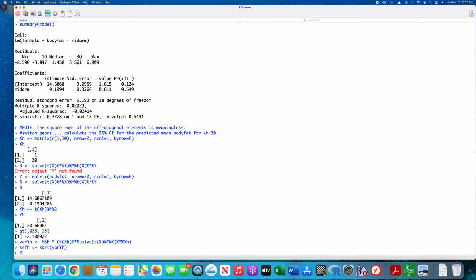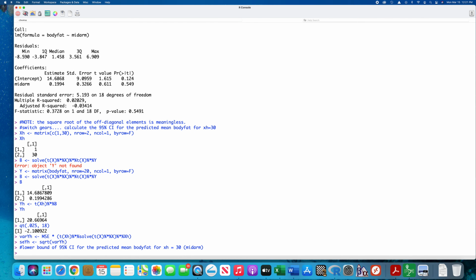So calculate the lower bound of the 95% CI for the predicted mean body fat for XH equal 30 for the mid-arm. So I've got my predicted, which is YH, minus, what was the t critical? 2.100922 times the standard error for YH.